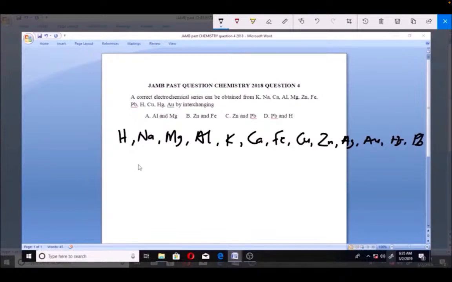And now, having this arrangement, you can see that the right interchanging should be where you have Mg coming before Al.